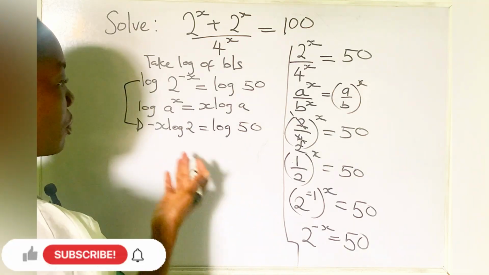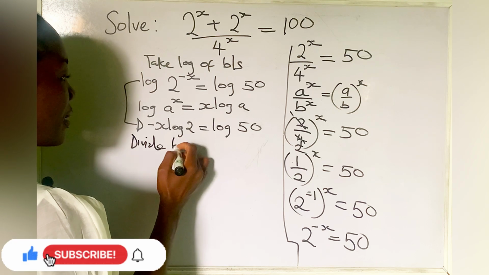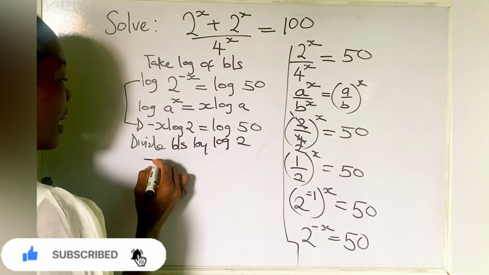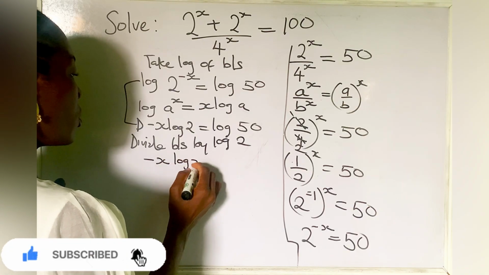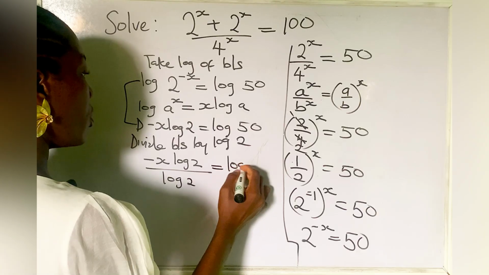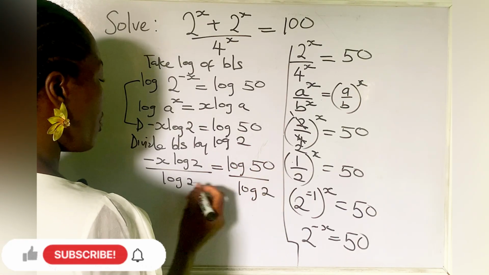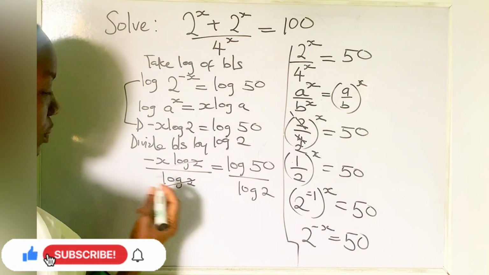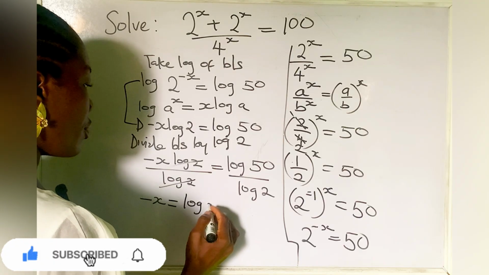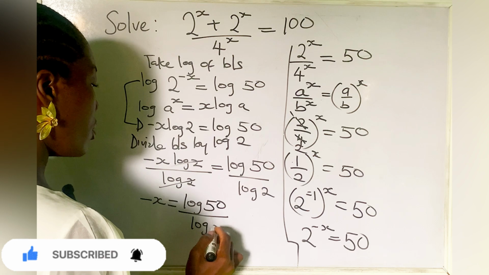Okay, now divide both sides by log 2. So we have minus x log 2 over log 2 is equal to log 50 over log 2. All right, so log 2 cancels log 2. Okay, so this is negative x is equal to log 50 over log 2.